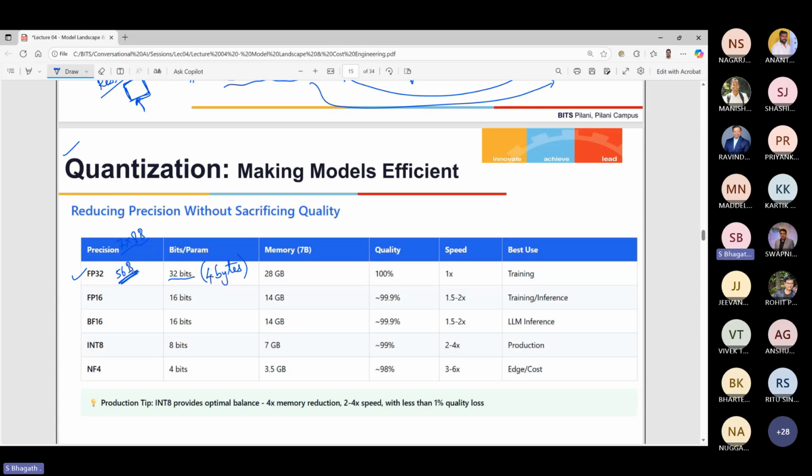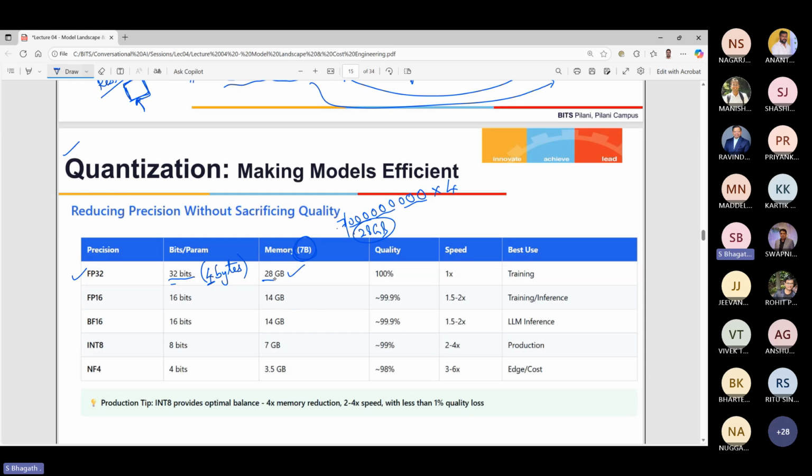Let's consider a 7 billion model: 7 billion parameters times 4 bytes. 4 times 7 is 28, with 9 zeros, which means GB. So this is 28 GB.